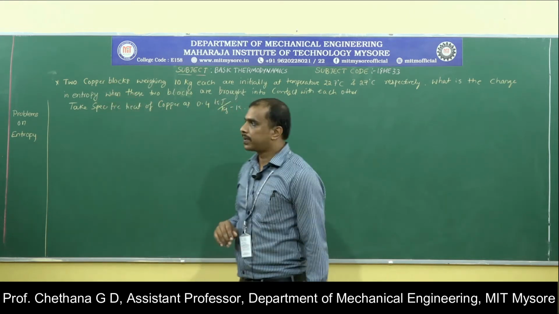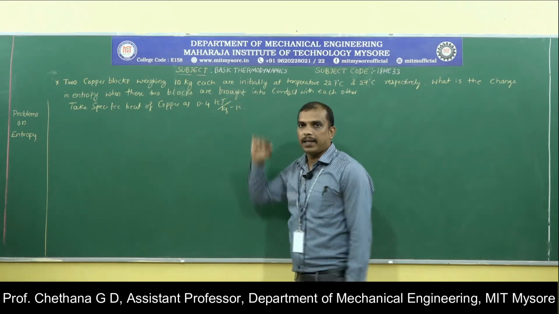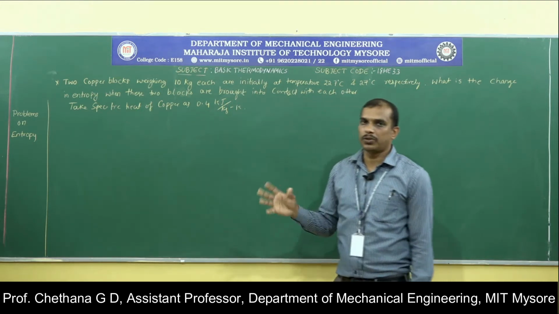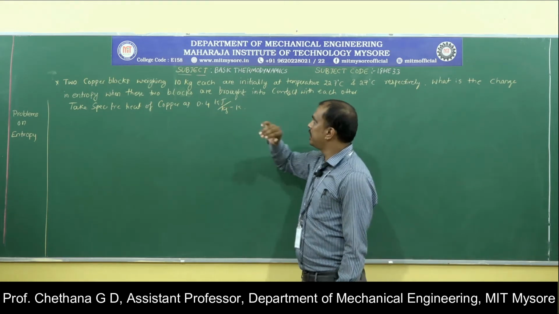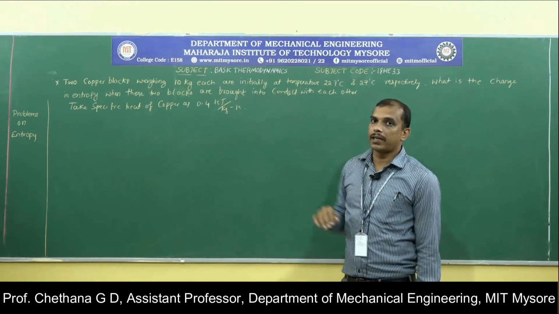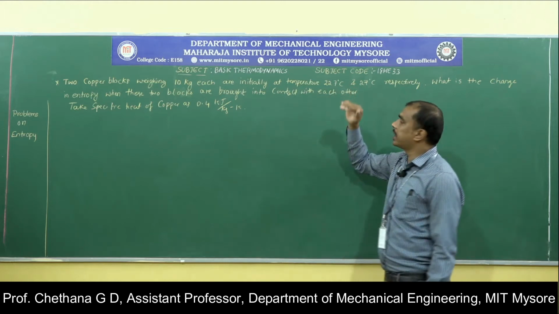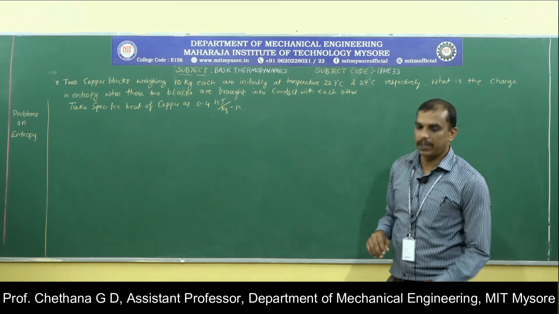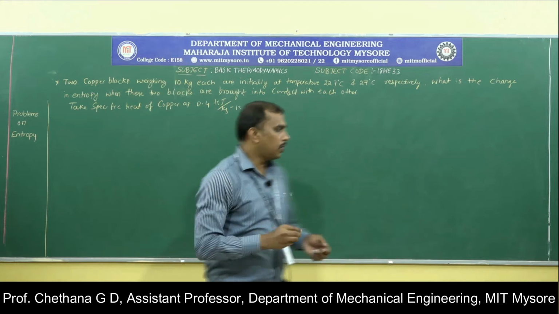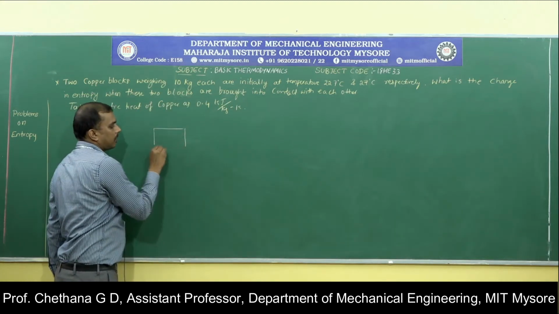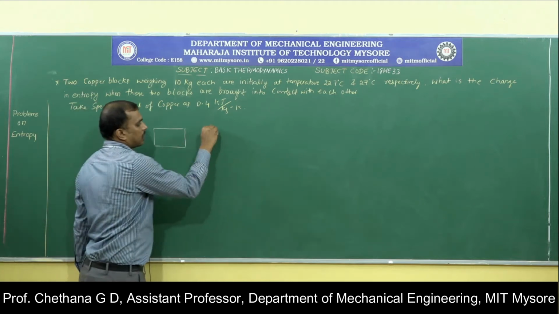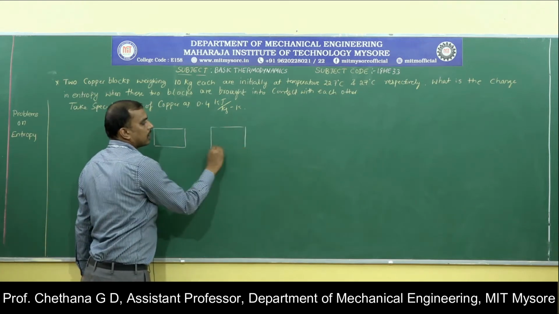Two copper blocks weighing 10 kg each, that means there are two copper blocks, each weighing 10 kg, are initially at temperatures 227 degrees Celsius and 27 degrees Celsius. If you try to represent it with a block diagram or a figure, there are two copper blocks.